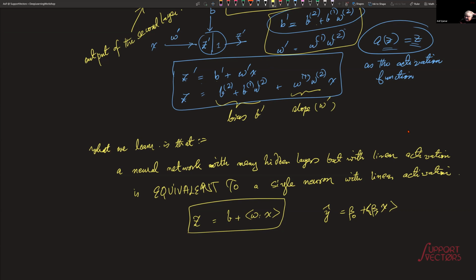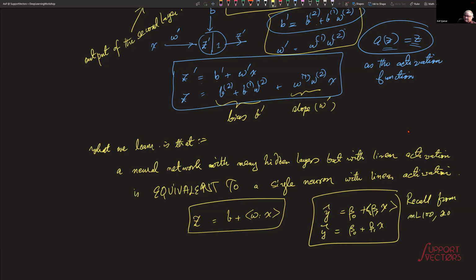Or in one dimension, this is beta naught plus beta 1 x. Do you remember this, guys? Yes, sir. Recall from linear regression. So what is this? This is nothing but linear regression.